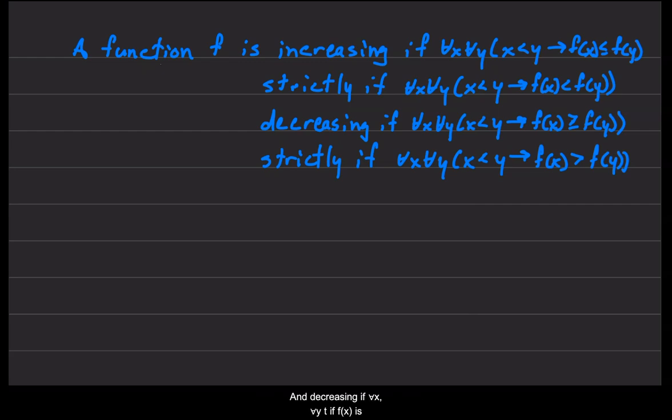And decreasing if, for all x, for all y, if x is less than y, then f of x is greater than or equal to f of y. And strictly decreasing if, for all x, for all y, if x is less than y, then f of x is greater than f of y.